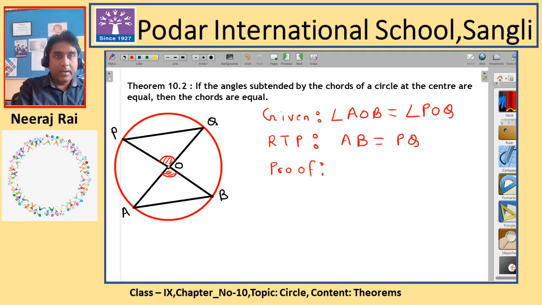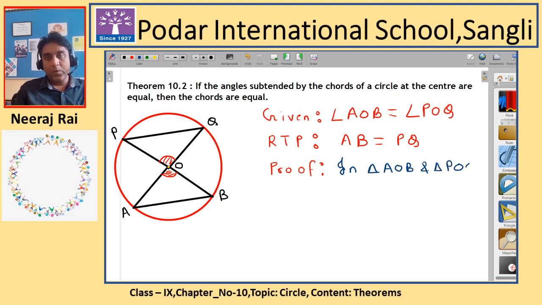So again I will take these two triangles. In triangle AOB and triangle POQ, these are the two triangles. What are the things which we have? AO is equal to PO. Both are radii.